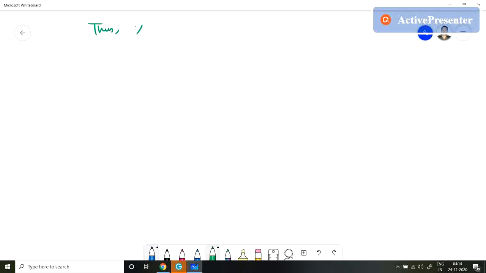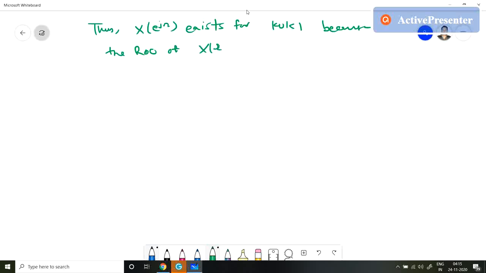We can see that X(e^{jΩ}) exists for modulus of a less than 1, because the ROC of X(z) then contains the unit circle.